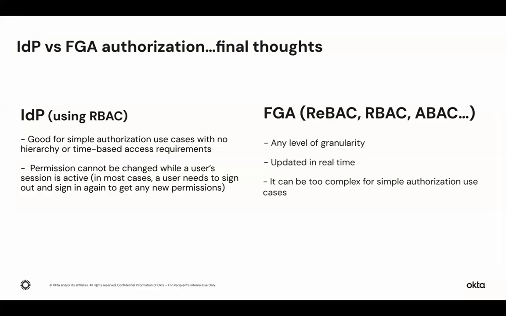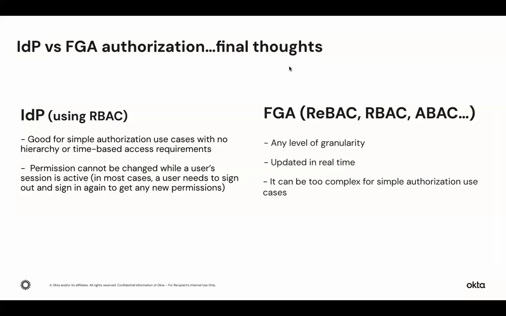If I assign, in the expense report example, the lead to be a manager and she is an approver and she's logged in and she can approve expense reports, if I immediately change her from being an approver to submitter, that won't affect her current session because she already got the token from the identity provider to do the approval. The token needs to expire to get a new one with the new permission from the identity provider, or Lee needs to sign out and sign in again.